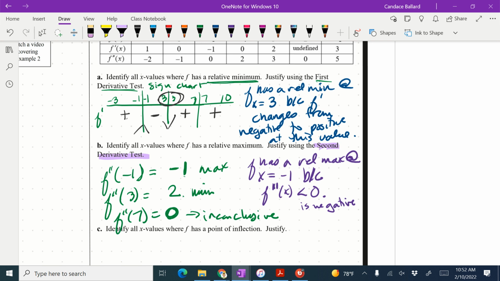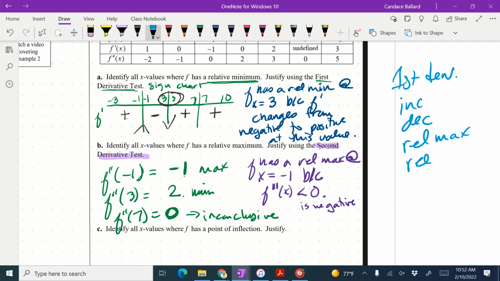Where does point of inflection come from? Original, first derivative, second derivative. Okay, so let's review that. So first derivative, we get increasing, decreasing, relative max, relative min.